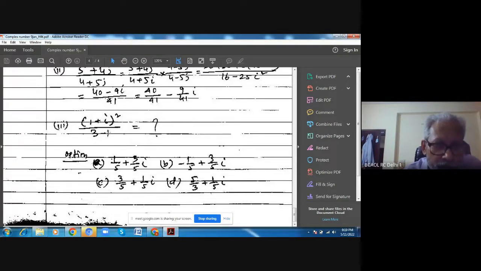Actually, it is not a 1, it is iota only. So first you conjugate these things, multiply with the top and bottom, and then see which formation comes.